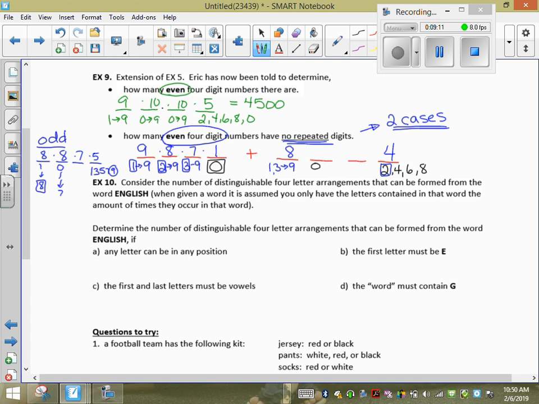Now I bring the 0 back. Let's pretend to keep the 1. I have 3 to 9, so it's an 8. Keep the 0, 3 to 9. It's a 7. So what's 9 times 8 times 7? Anyone? 504?